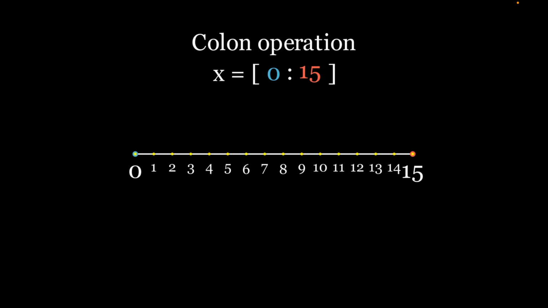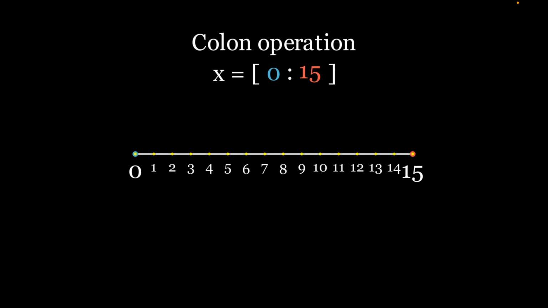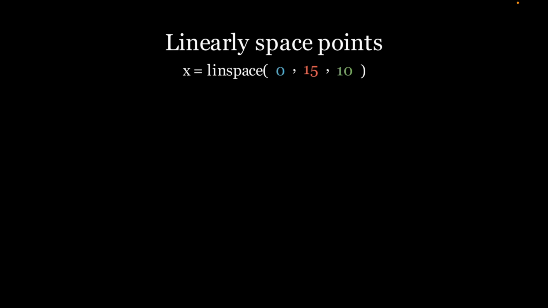Suppose you don't want to divide it into 15 segments, you want to divide it into, say, 10 segments. Then in that case, we will be using another operation, which is called linspace. MATLAB also offers a linear spacing variable creation.